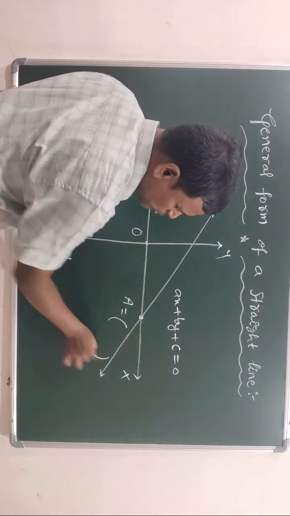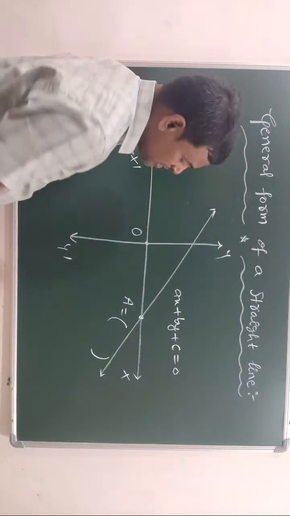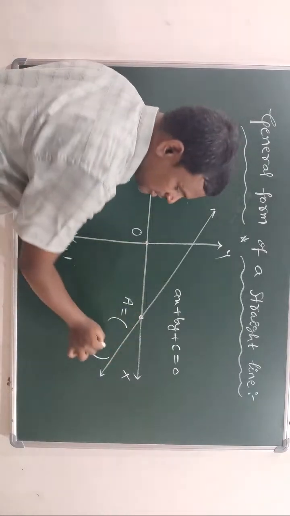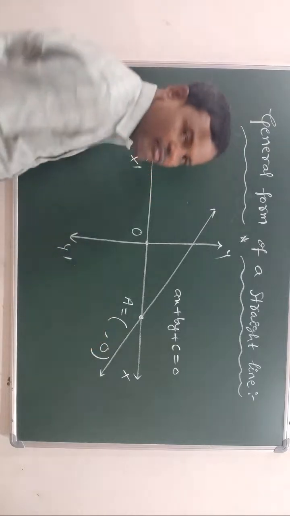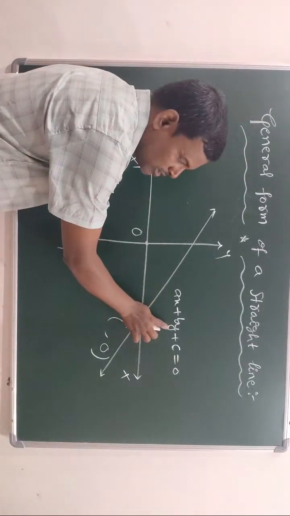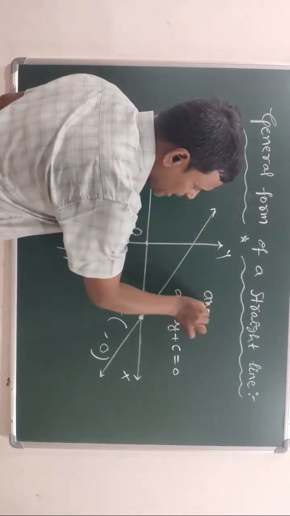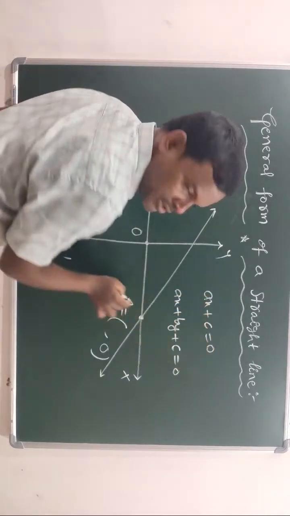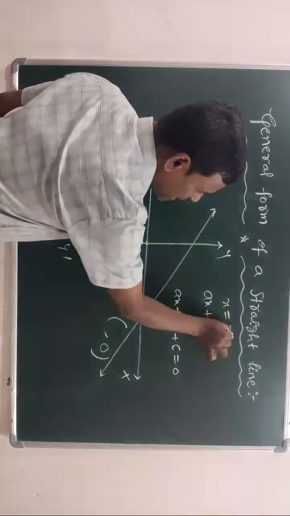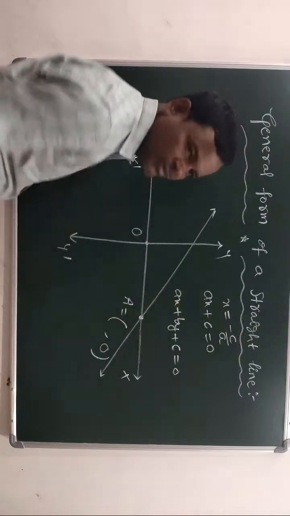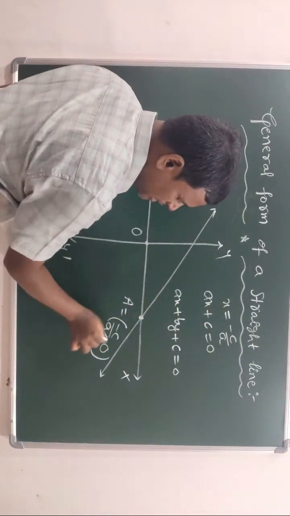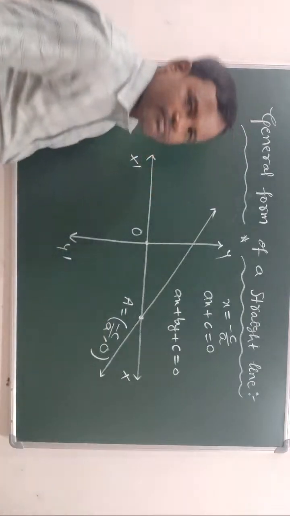Let us find its coordinates. This point is on the x-axis, hence the y coordinate of this point will become 0. If you replace y with 0, it becomes ax plus c equal to 0. Then find the x value. x will become minus c by a. What have you got for x? Minus c by a comma 0.